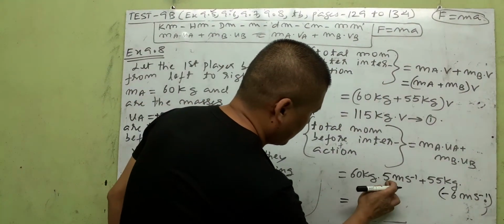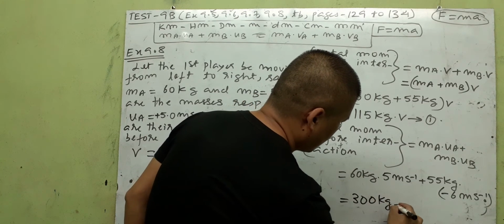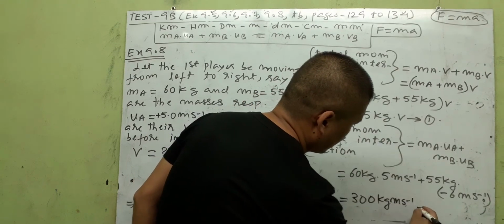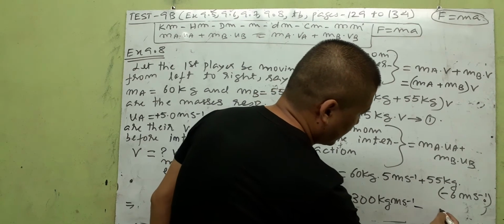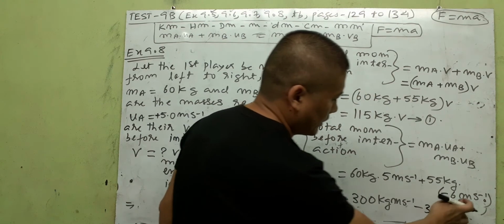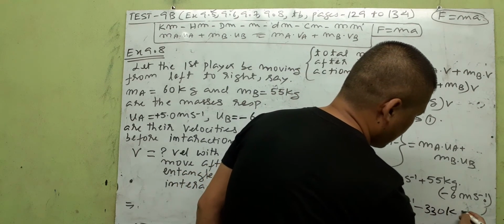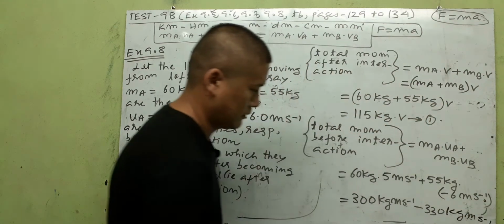So 5 6s are 30, and one more 0, 300 kg meter per second, plus into minus 6, 5 6s are 30 plus 3, 330, kg meter per second.